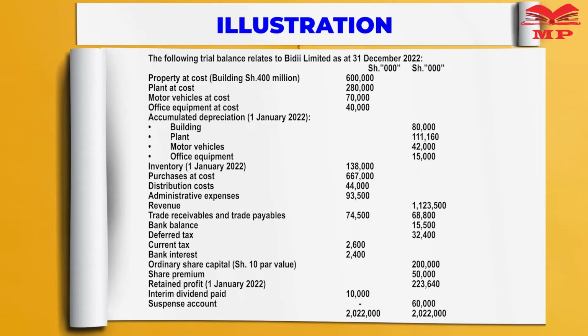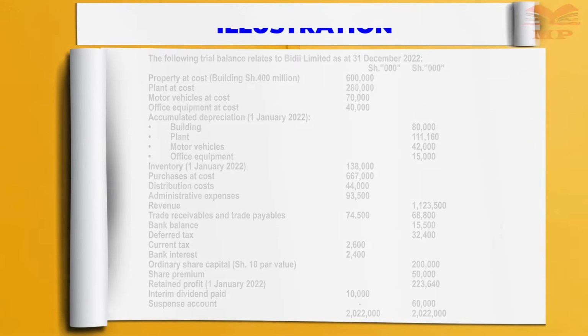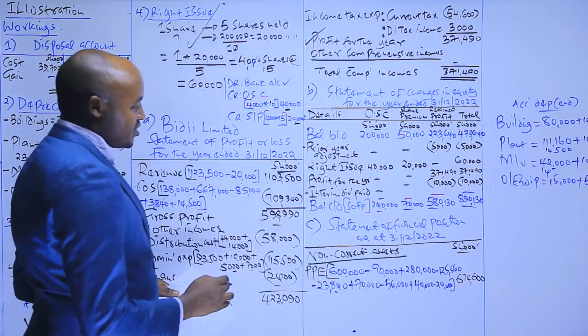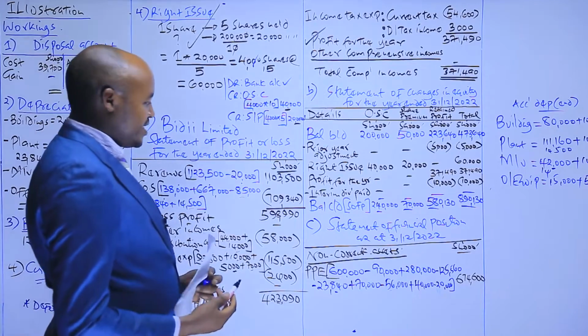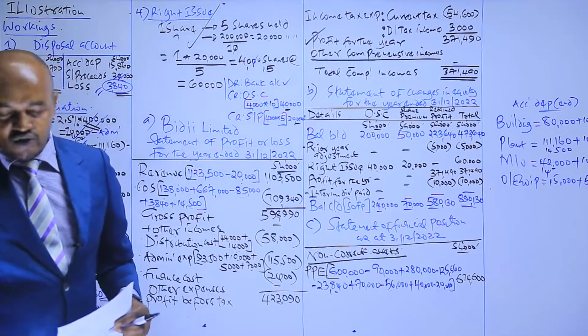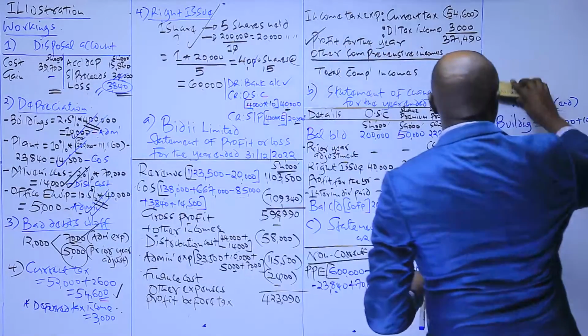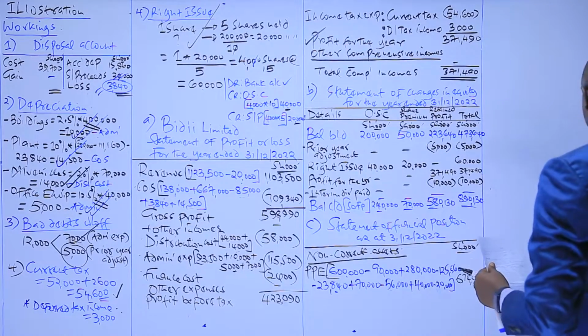And the bank balance, you can see that is an overdraft because the balance is on the credit side, so it is still a current liability. Deferred tax is an item of non-current liability. Current tax, we have already captured that. Bank interest, we have taken into account. And then ordinary share capital, share premium, retained profit, all those are items of equity. Interim dividends and suspense, I think we have already captured all those. So basically it means that we don't have any other item of a non-current asset.